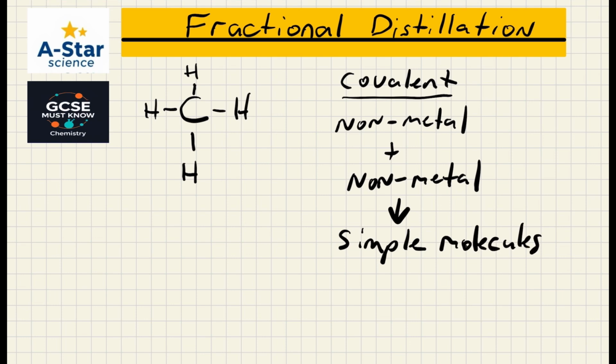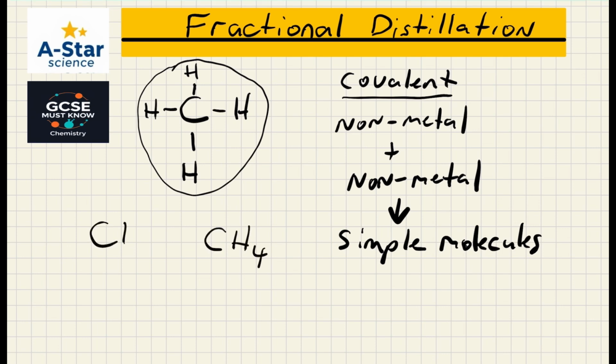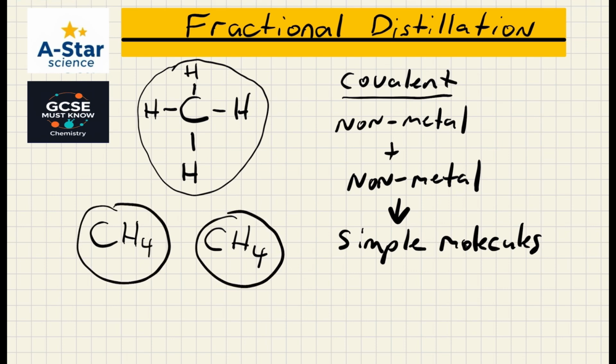So they are molecules, and I'm going to draw a little circle around here. So when you have these molecules, you don't just have one molecule. In any volume of space, you have many of these molecules. Now, while the bonding inside the molecule, between the carbon and hydrogen, is a covalent bond, and that is quite strong, between the molecules themselves there are very weak forces.